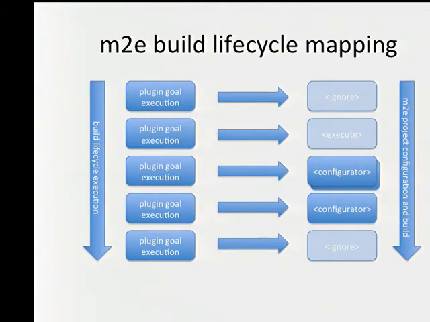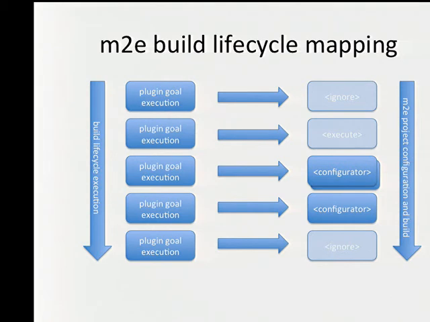We start from the top and we delegate to all configurators, as we call them. These are extension points that can talk to the Eclipse Workspace and Eclipse APIs directly. So whenever we find a plugin execution that is mapped to a configurator, we just tell the configurator to do its thing. We don't know what it is. We just assume that it does the right thing.